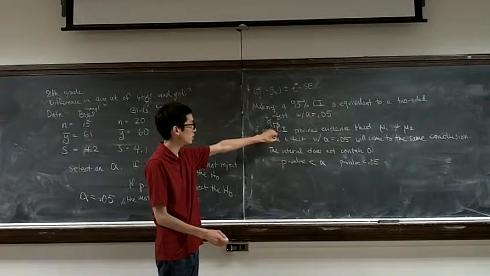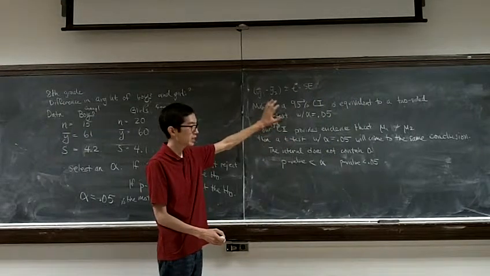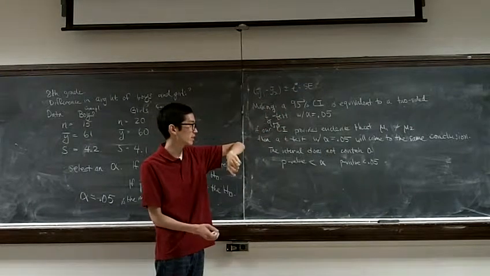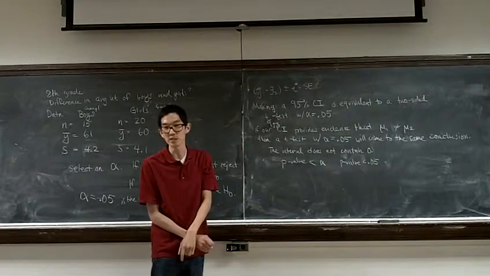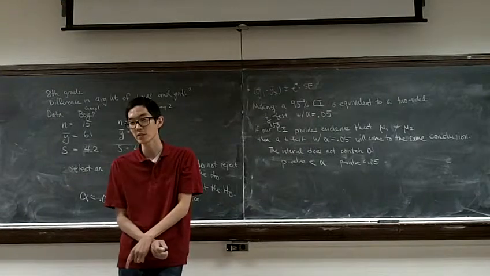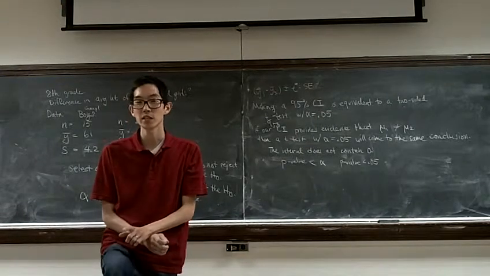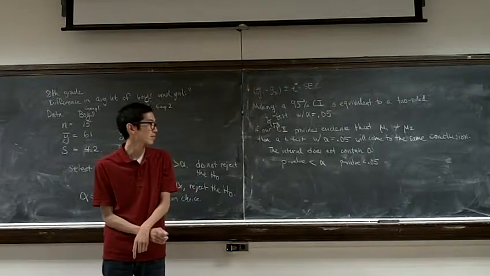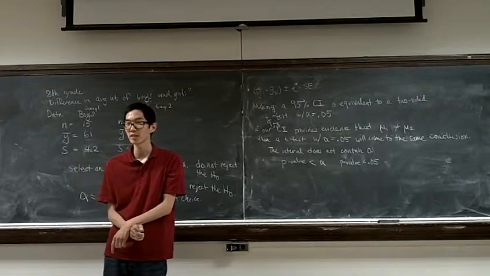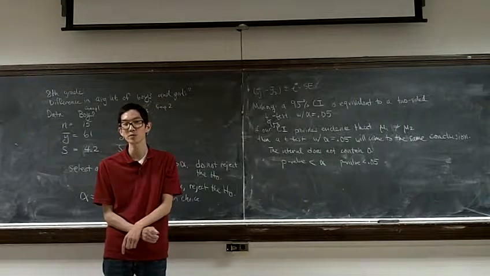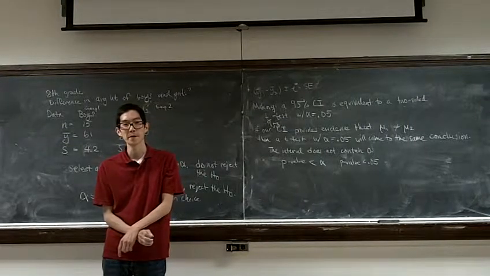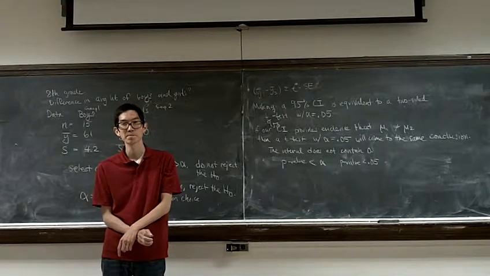At 95% confidence, my data provided evidence that mu1 doesn't equal mu2. If I use the same data and make a 90% confidence interval, would it provide evidence that mu1 doesn't equal mu2? Maybe.